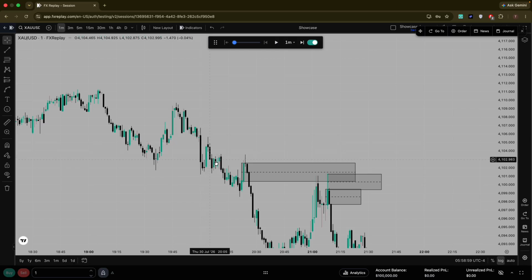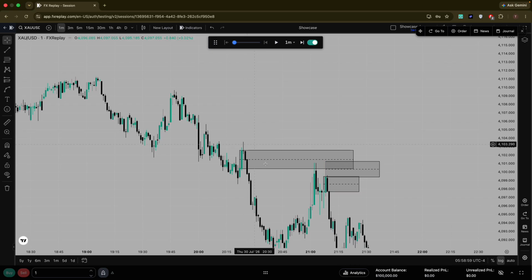But right around here, we have a lower high, a higher low, a lower high, a lower low, and we continue this trend until we reach around here, where we have a higher high, lower low, lower high, lower low, higher high.